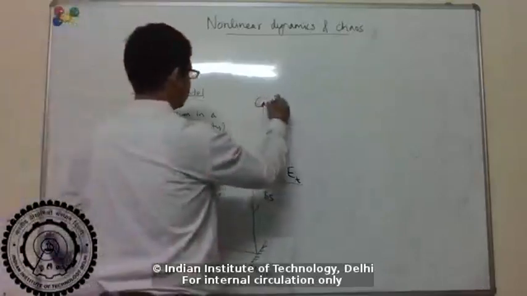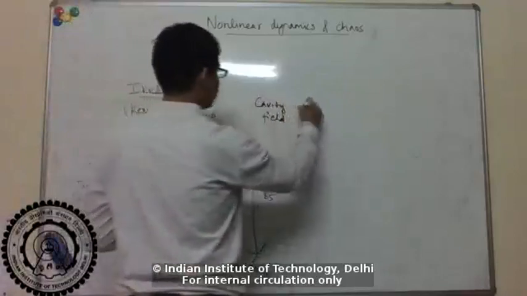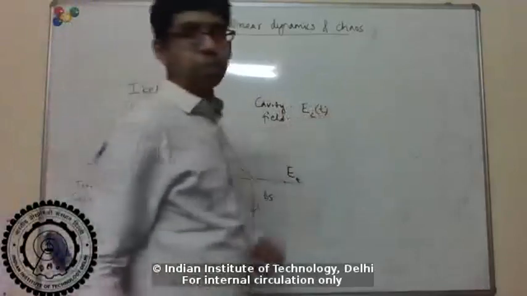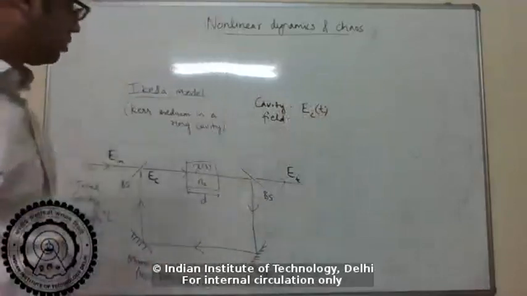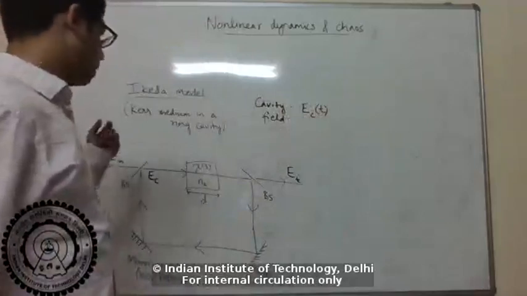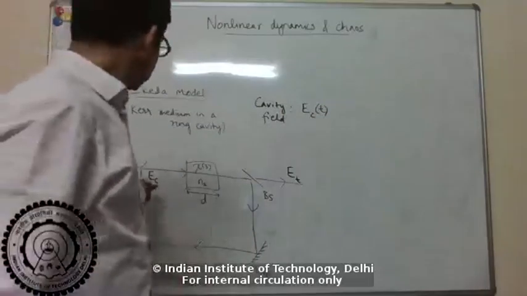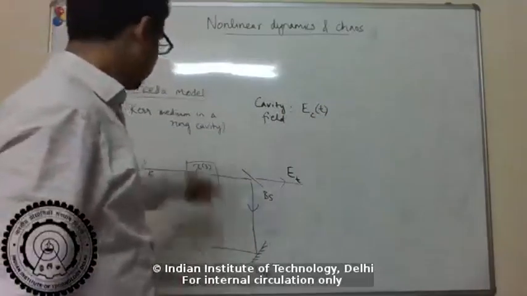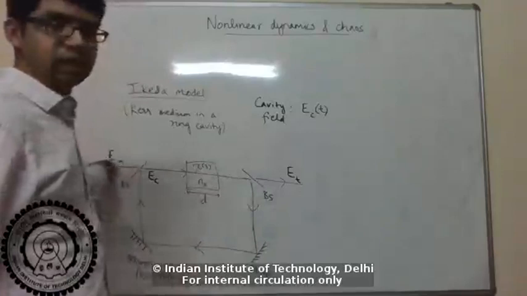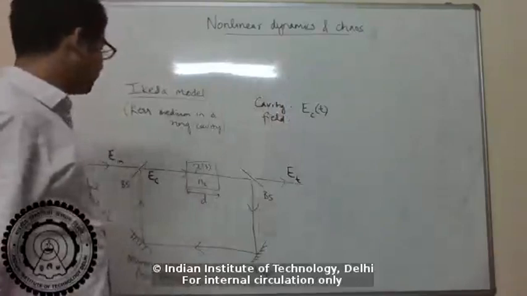So if I want to write the cavity field, EC at some time t. Now I'm explicitly taking some time because what we'll see is that if you have the right parameters, then the cavity may not reach a steady state at all, even though you have a CW input field, a constant input field or intensity.